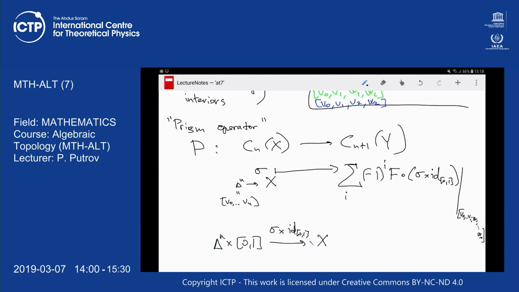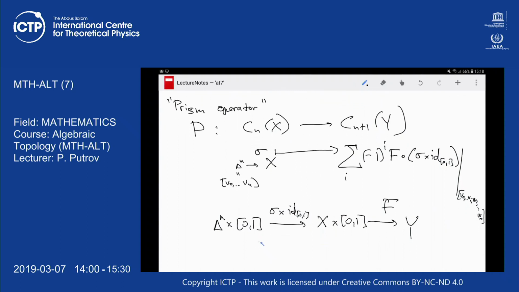So sigma brings delta n to x, and identity brings the interval to itself. And then I can apply big F to go to y. So this is why this composition is well defined.